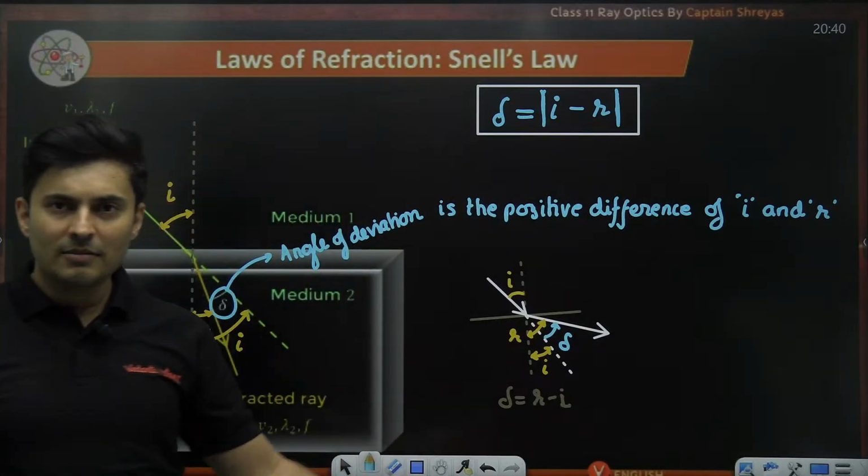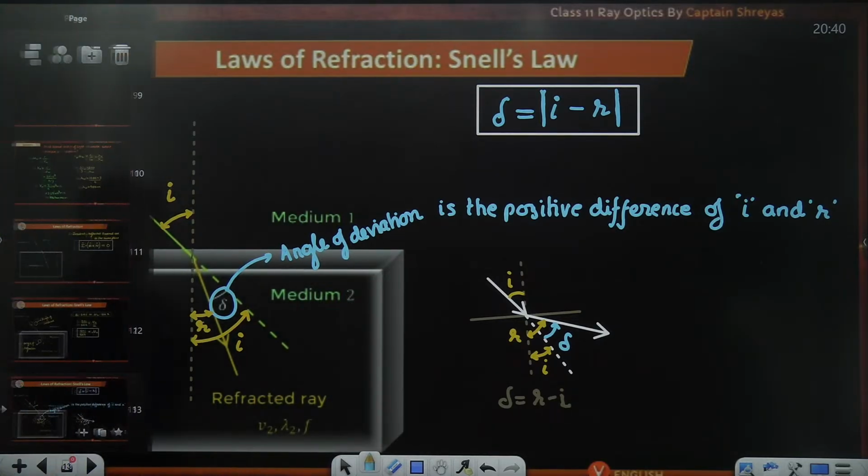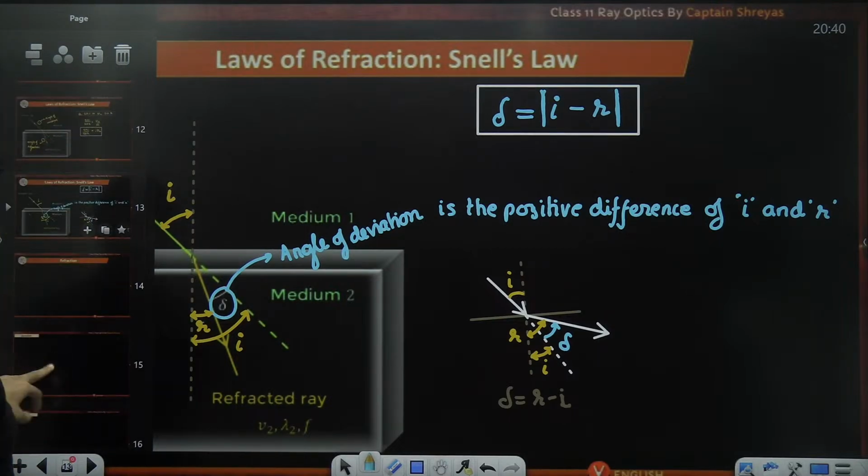That's it. Simple and easy. Perfect. Great. All right. So I think it's a good time that we start solving some questions coming up on your screen one by one. All right, let's start solving, guys. Here it comes on refraction.